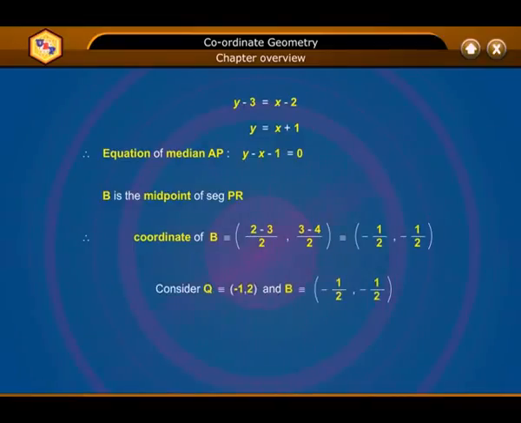Consider Q is equal to (minus 1, 2) and B is equal to (minus 1 by 2, minus 1 by 2). m is equal to the slope of QB, which is (y2 minus y1) by (x2 minus x1), equal to (minus 1 by 2 minus 2) by (minus 1 by 2 plus 1), equal to minus 5 by 2 by 1 by 2, equal to minus 5.